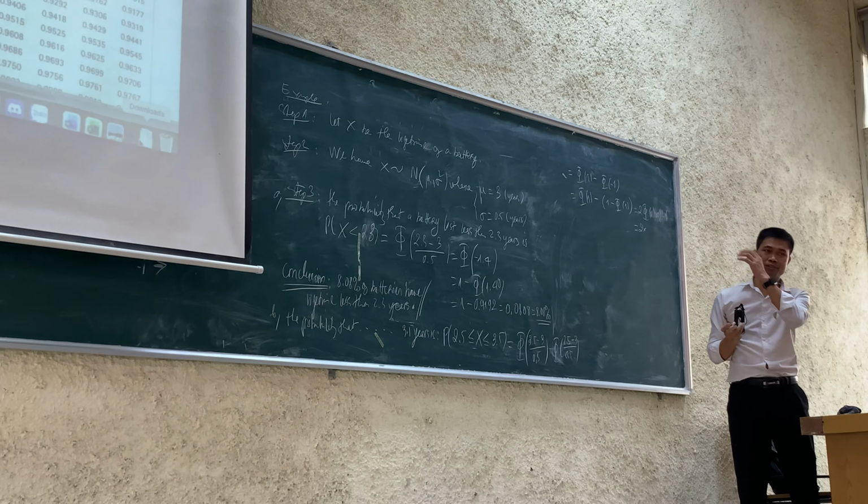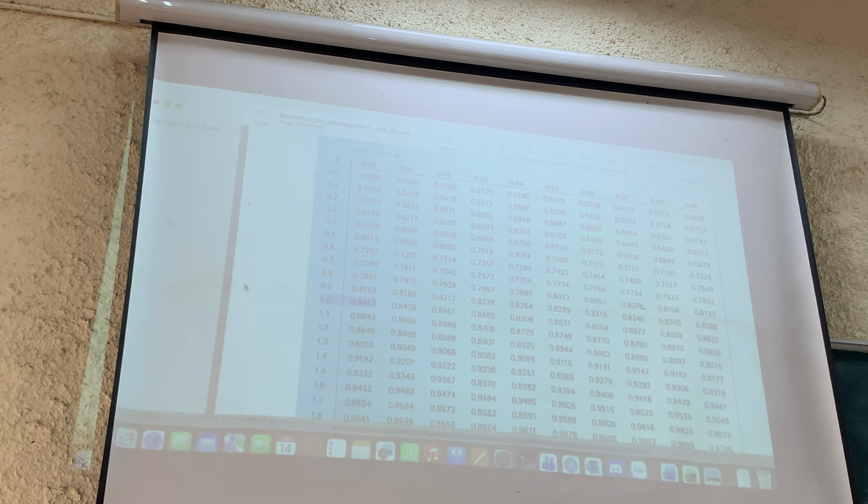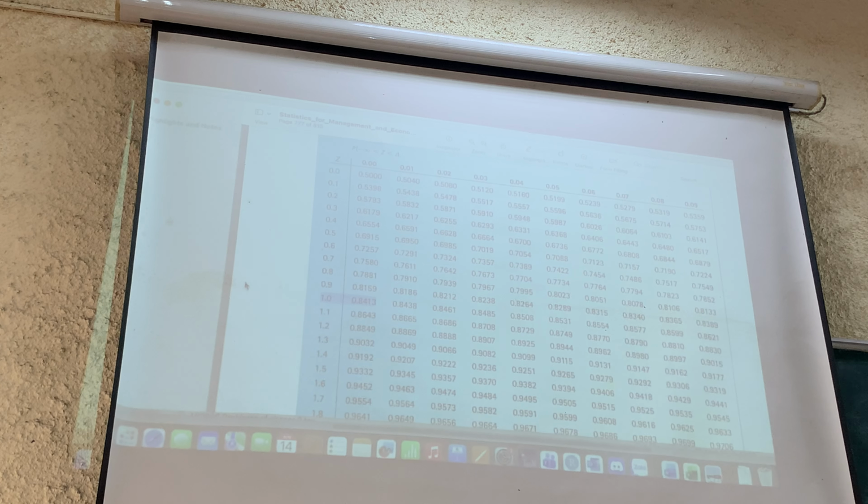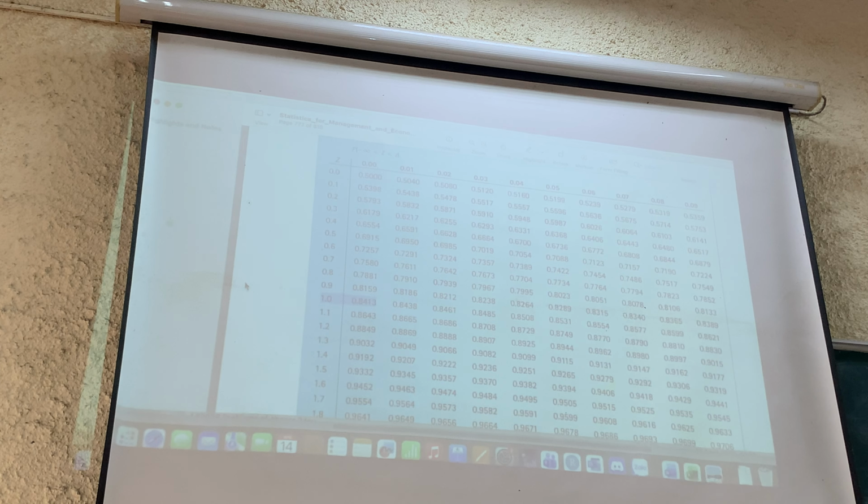Of course, we can use the R indicator. When you do this exercise, you can open the textbook. In the final exam or midterm exam, you are given the values of the function phi. Okay? You are given these values.